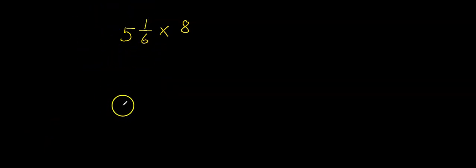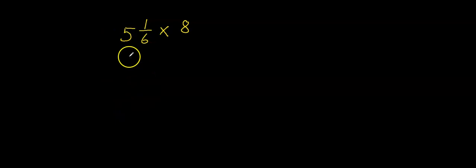Now let's try one more example. Say if we have 5 and 1/6 times 8. Now here, if you can see, we are multiplying a mixed number by a whole number. So of course, first we have to convert this mixed number into improper.